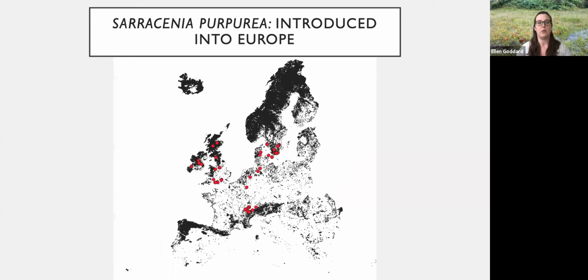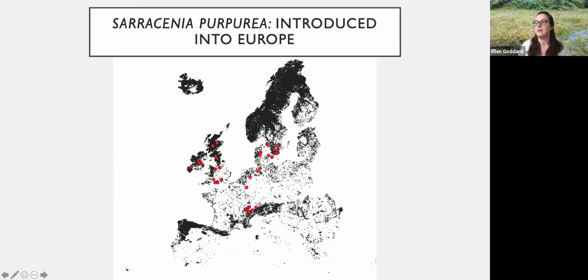So in North America, it has been introduced into a variety of different locations. The map you can see here is a map that I've made of what I've deemed as suitable habitat that the plant could live in. So you're seeing bogs, fens, water bodies that have vegetation around them that could potentially support this species.